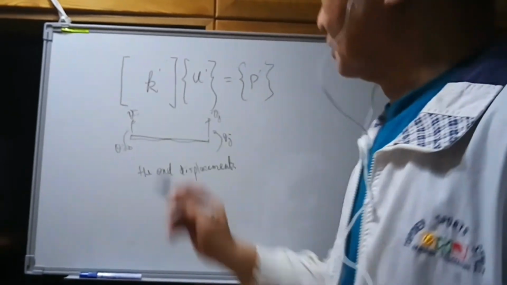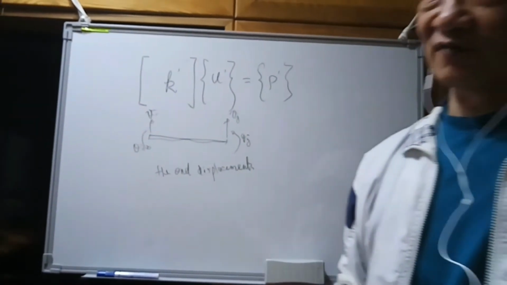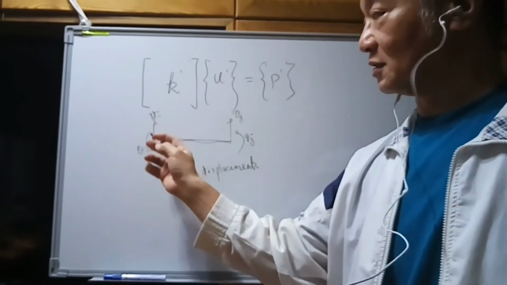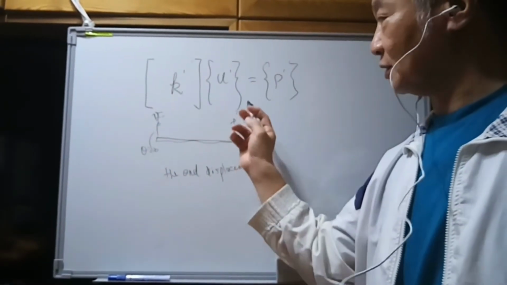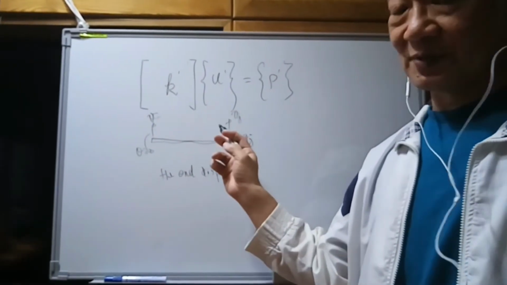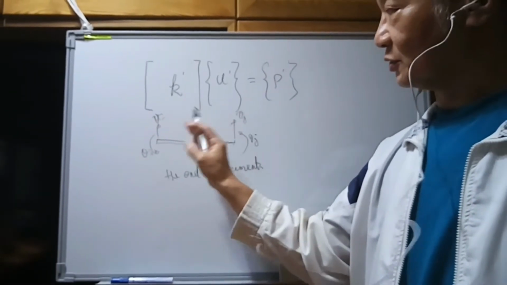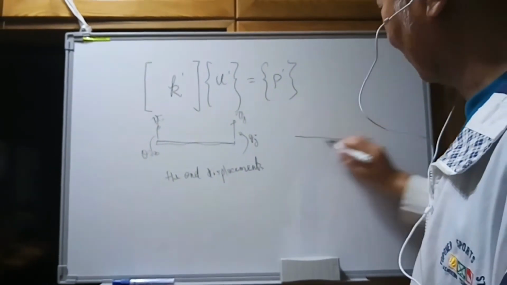The four elements in the displacement vector include the vertical displacement and the rotation at the left end, and also the vertical displacement and the rotation at the right end. So that's the end displacement. Also, we have the member end force.